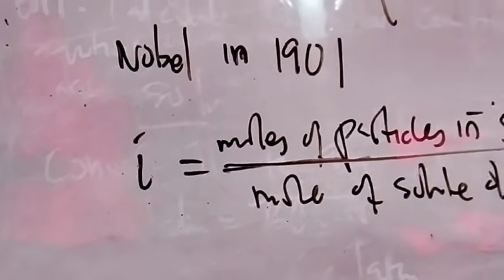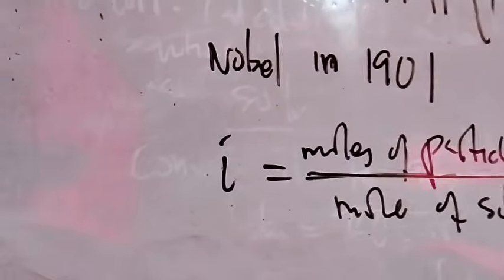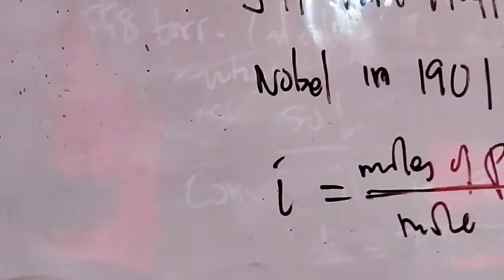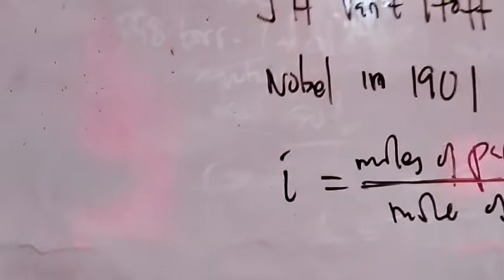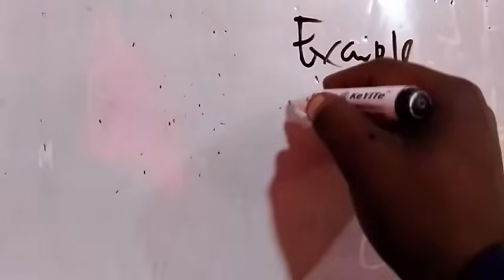So we can calculate I. The expected value for I can be determined for a salt by noting the number of ions per unit formula, assuming complete dissociation. For example, sodium chloride.